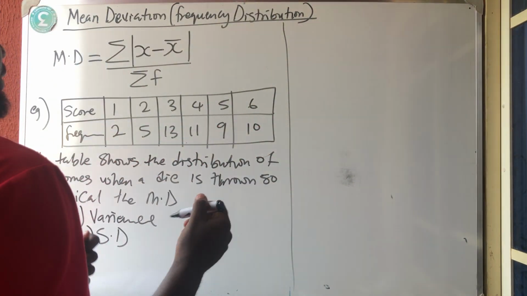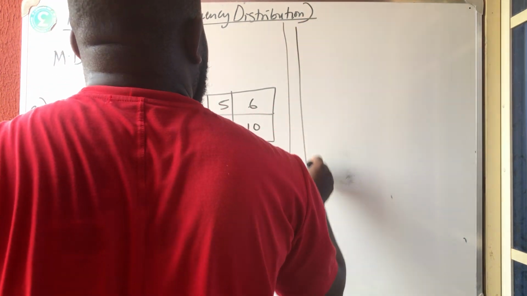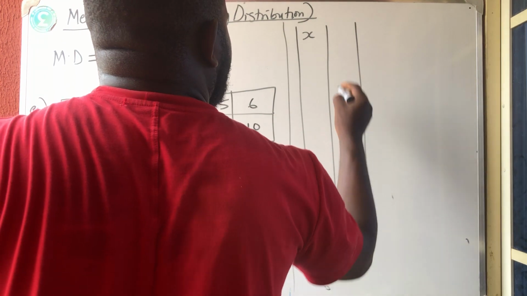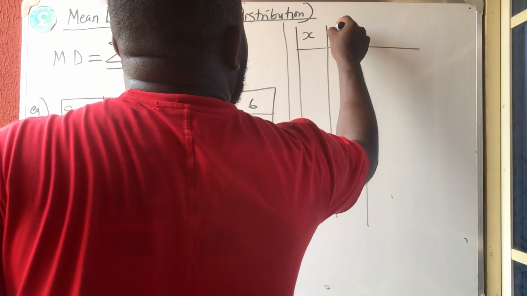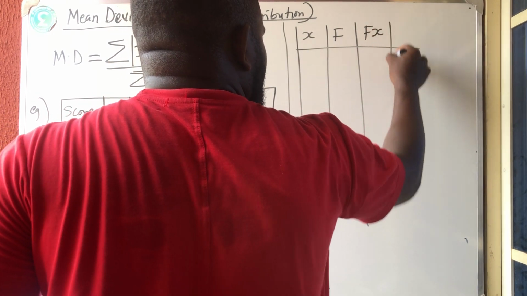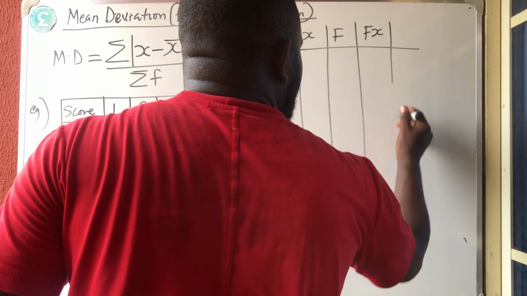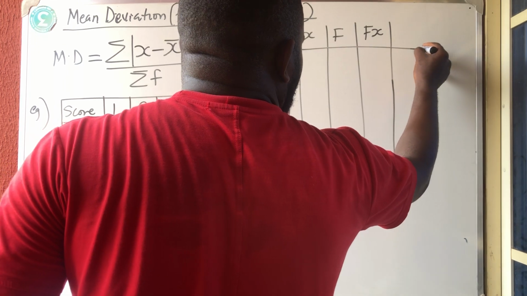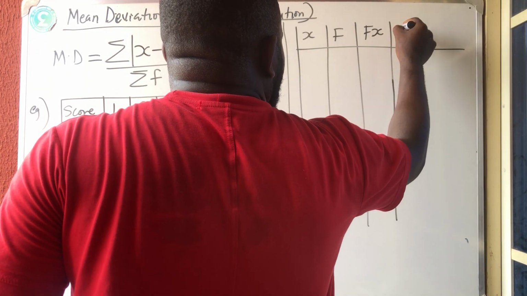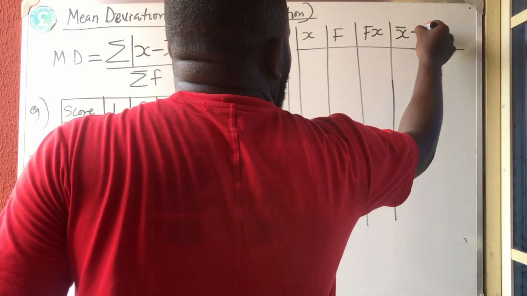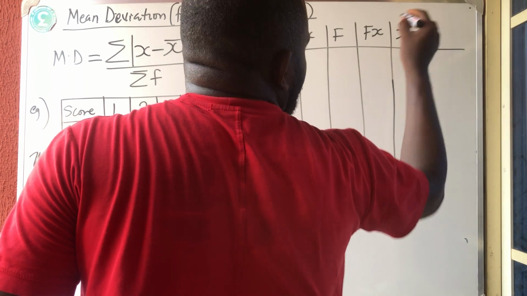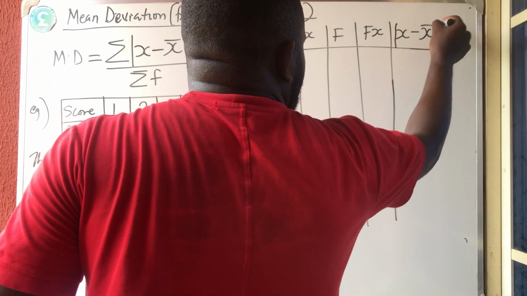So what do we do now? The first thing we do, our normal method, we have our x, we have our f, and now we need our f of x because of the calculation of the mean. Don't forget that mean is the summation f of x all over summation f. When we get our mean, we subtract it from x, absolute value.